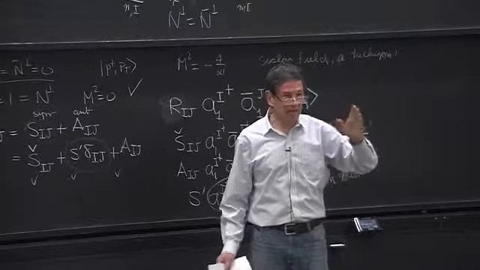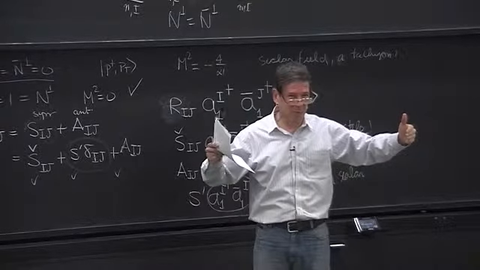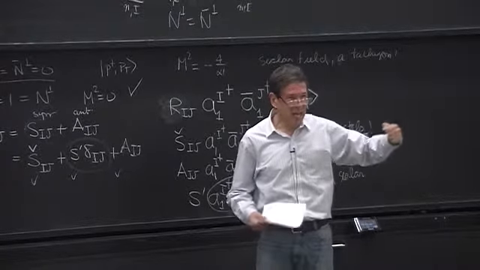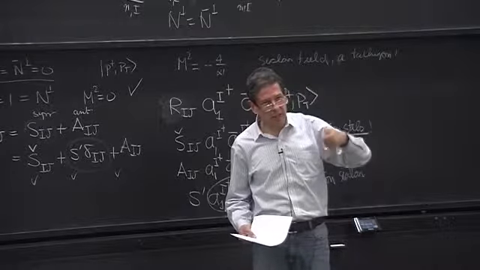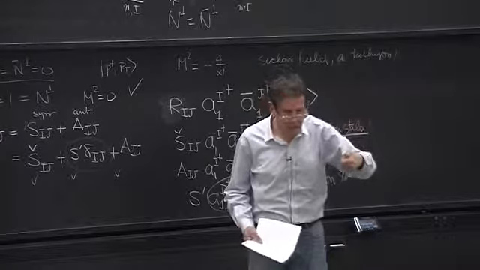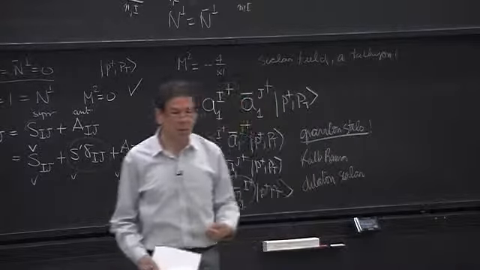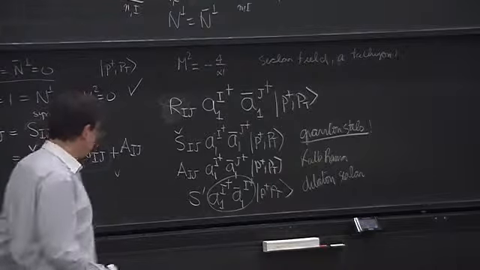You see, a massive vector has d minus 1 components. You probably have done that in the homework when you did the massive vector. All massive particles are representations of SO d minus 1, while massless are representations of SO d minus 2. So that's the difference.